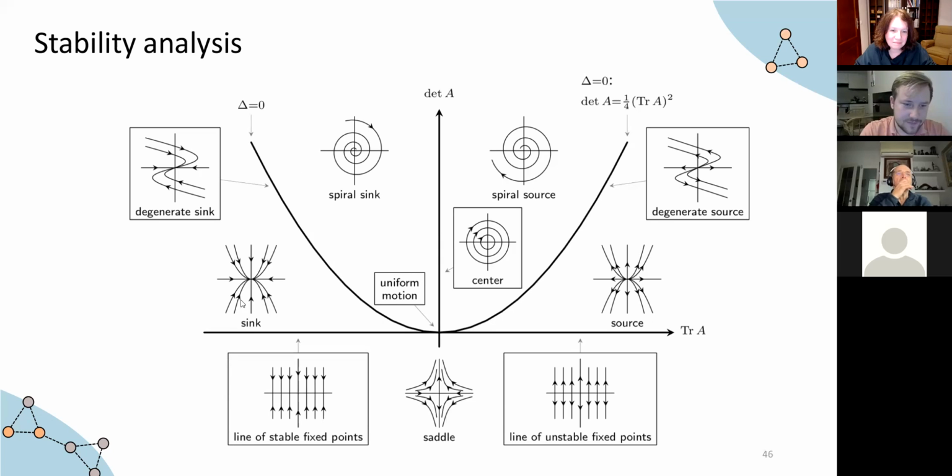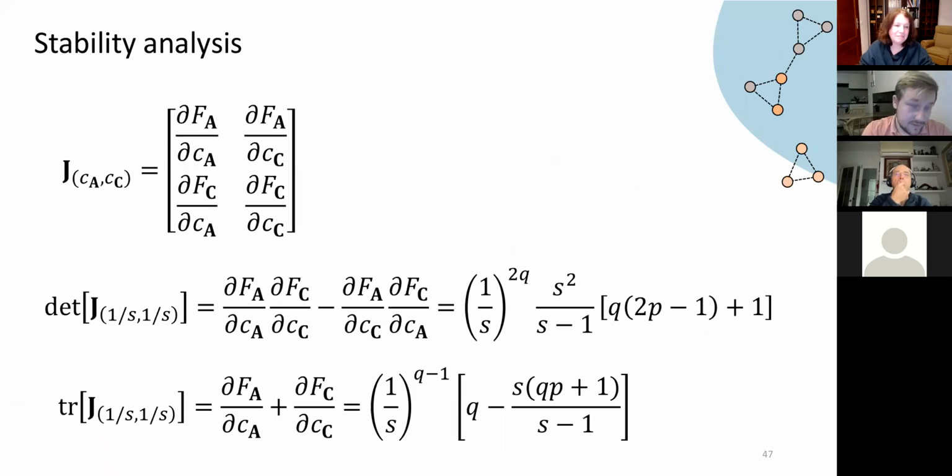When I have these values of the determinant and trace here, I will have a normal sink, so I will just converge alongside these lines. And I did that. I produced the Jacobi matrix, the determinant and trace, and I obtained equations like this.